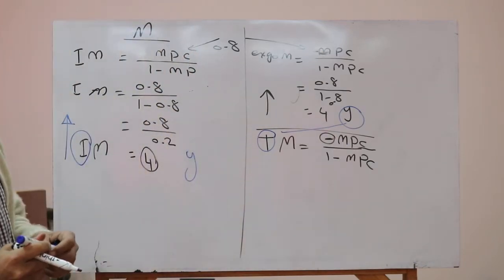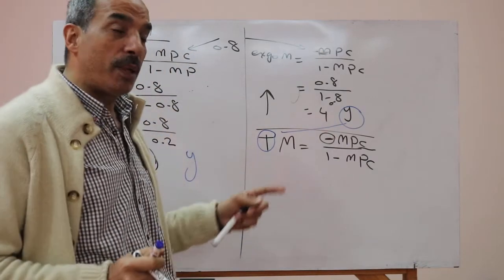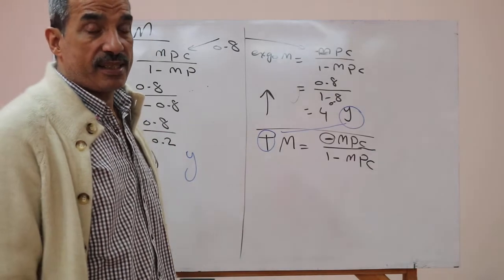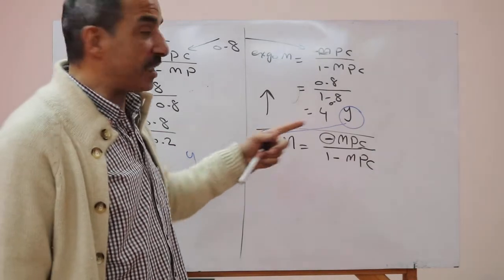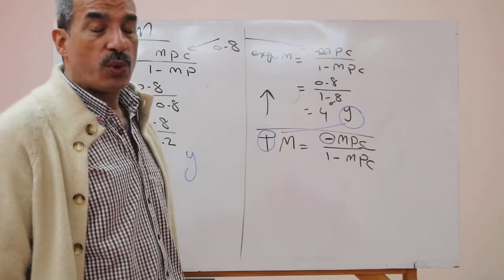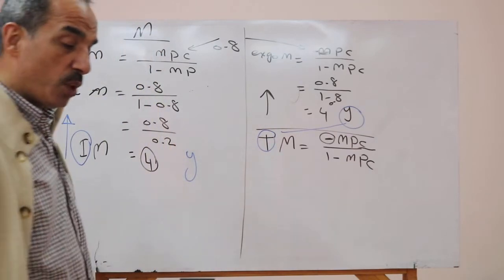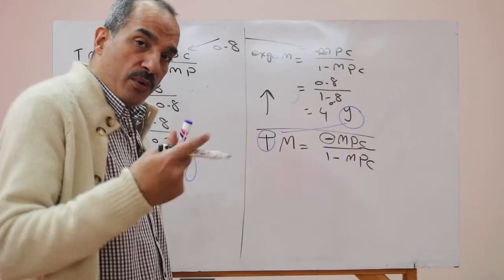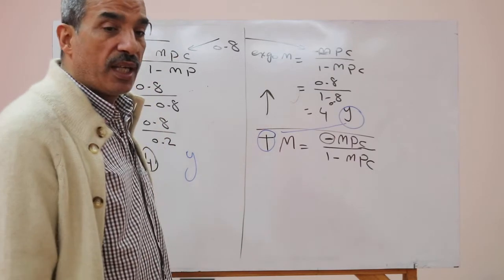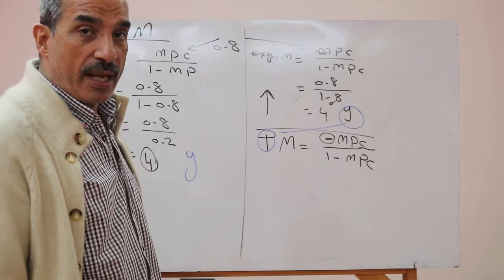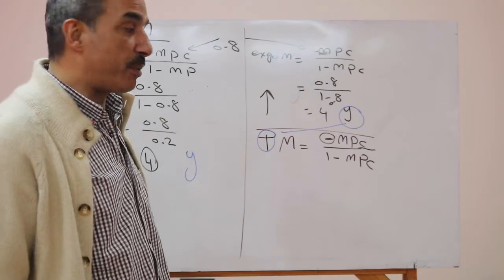When we want to increase the national income, we must decrease the taxes. When we want to decrease the national income, we must increase the taxes. In the next lecture we will talk about the income gap, the inflation gap and the depression gap.